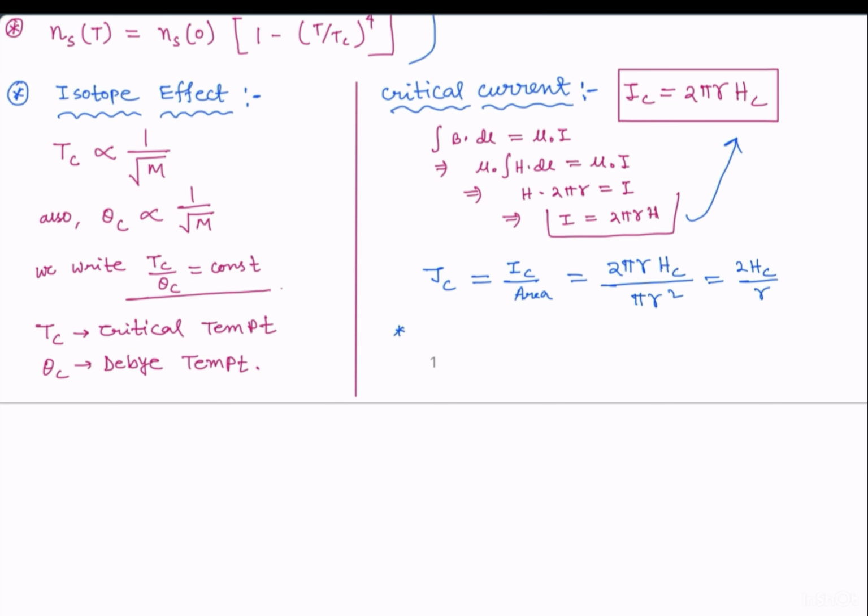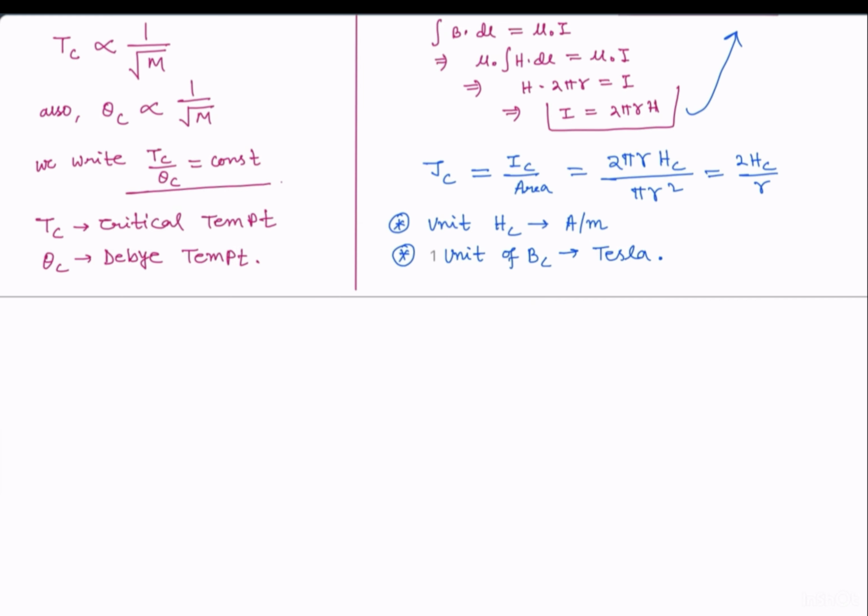Remember the unit of Hc is ampere per meter, and remember the unit of Bc will be Tesla, and then calculate it according to the question.